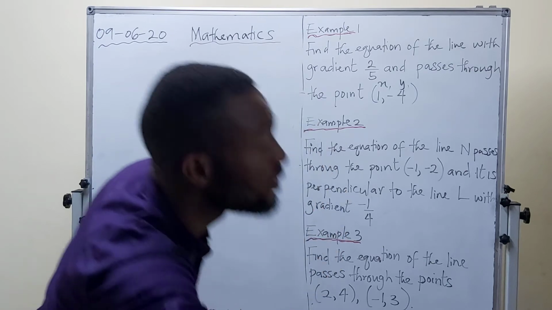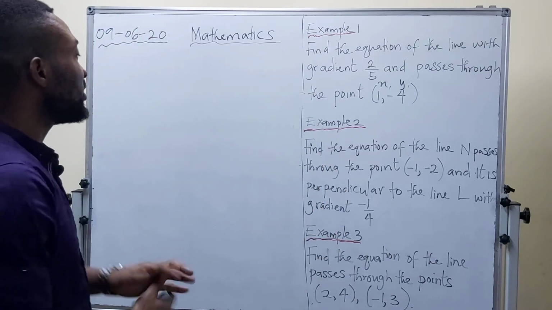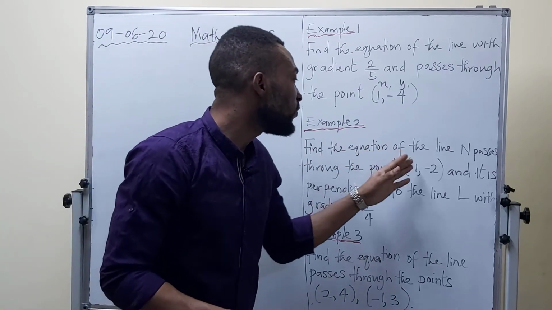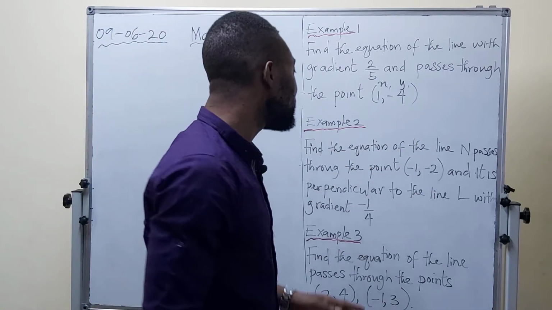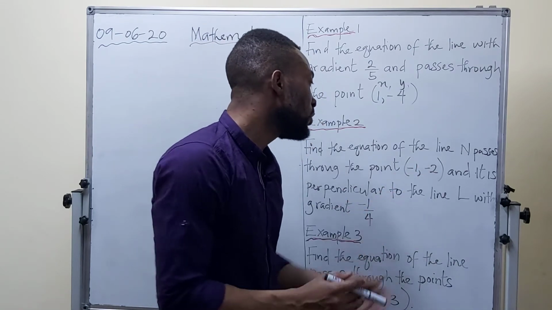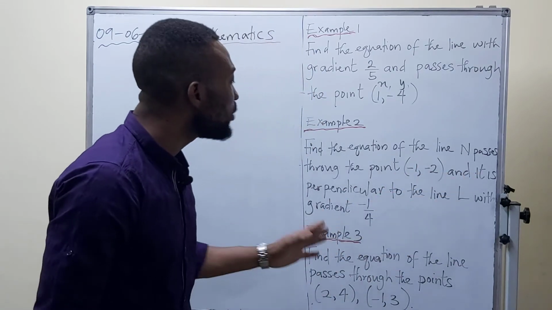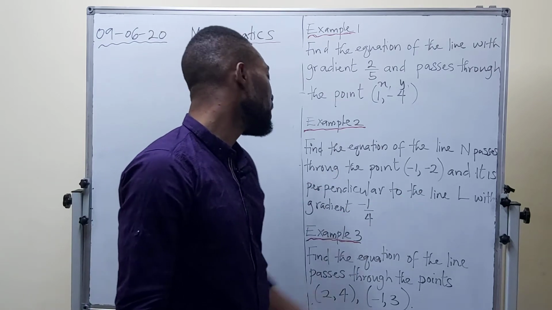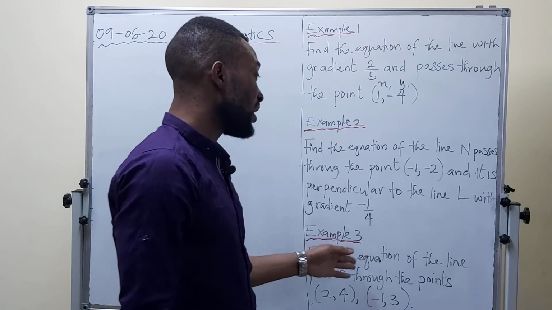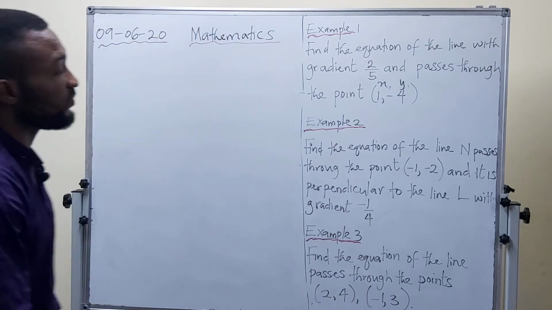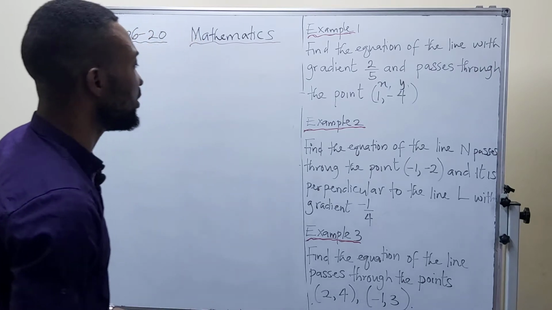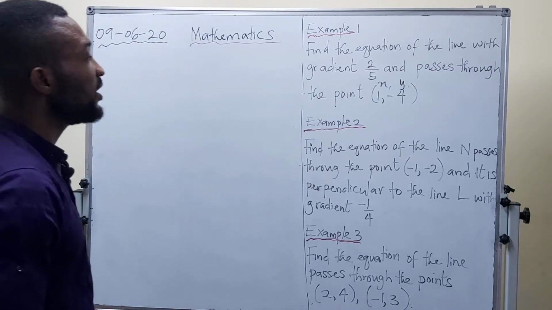Now, if we look at example number 2, it says: find the equation for the line n that passes through the point (-1, -2) and is perpendicular to the line L with gradient -1/4. How can we deal with this kind of question?